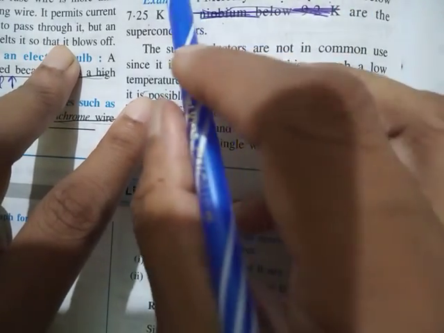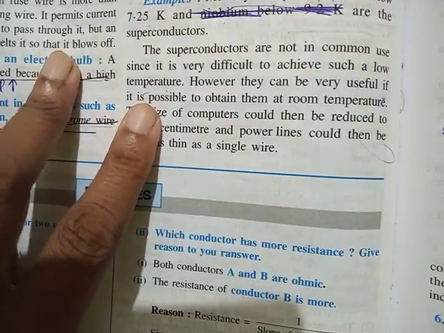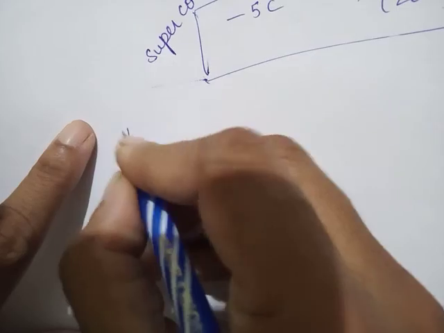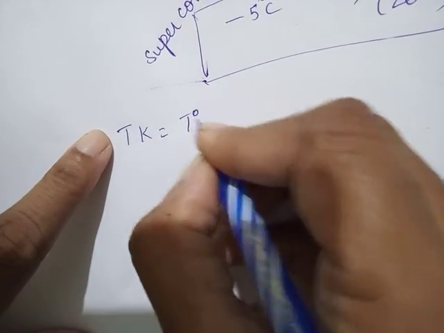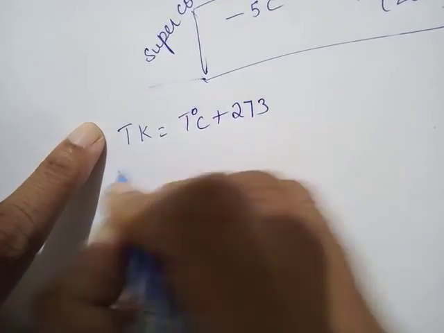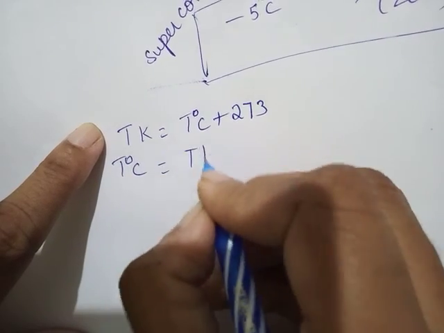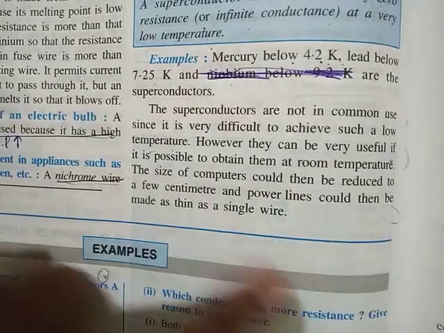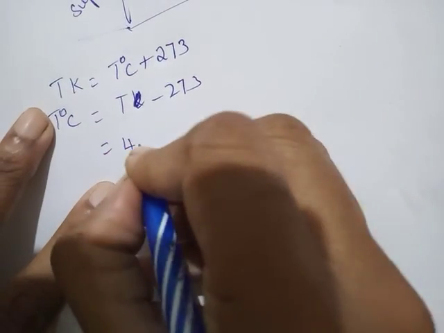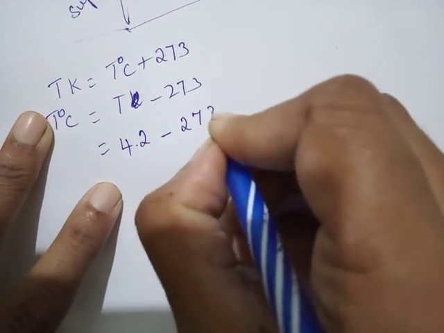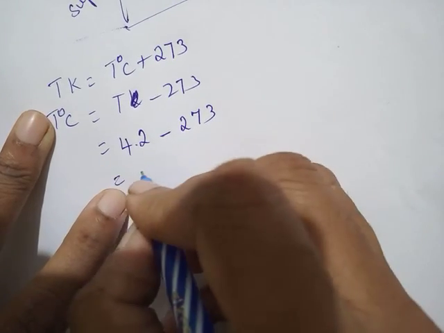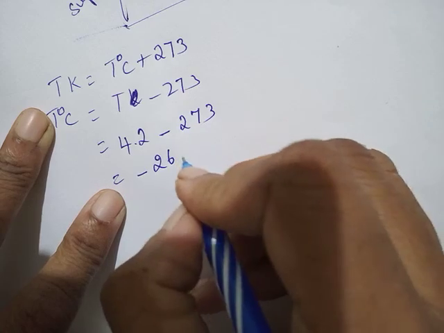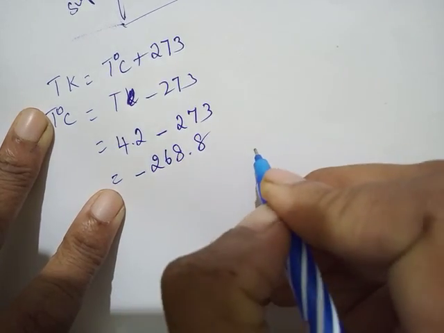Okay, so 4.2 Kelvin means in degrees Celsius how much is it? How will you convert it into Kelvin? T Kelvin is T degrees Celsius plus 273, or T degrees Celsius is T Kelvin minus 273. So if they say 4.2 Kelvin, it is 4.2 minus 273, that is minus 268.8.